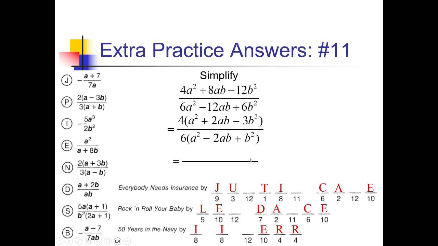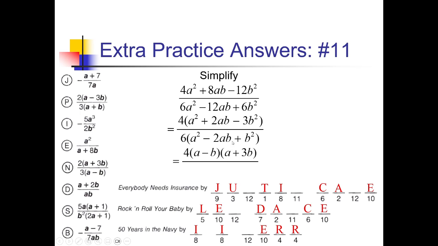Let me factor a little bit further. The 4 is still there for the numerator, and now I need factors of -3 that add up to 2. Well, 1 and 3 is really our only options, and it works if we make it -1 and +3. So we'll make it a minus 1b, have to have that b in there, and then a plus 3b.